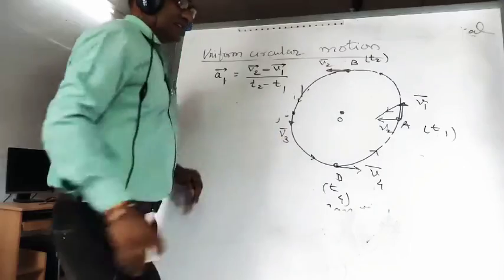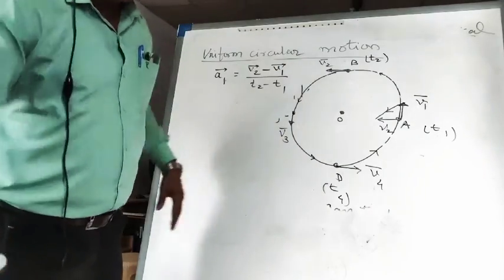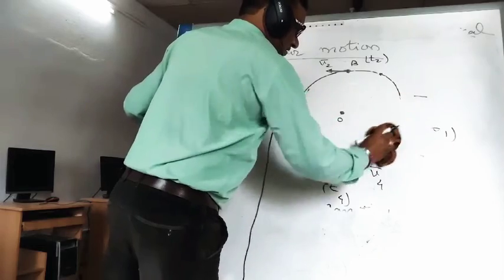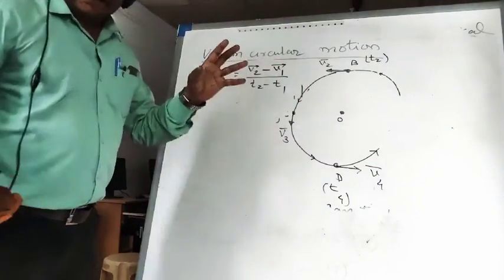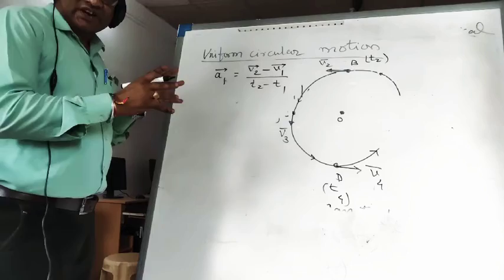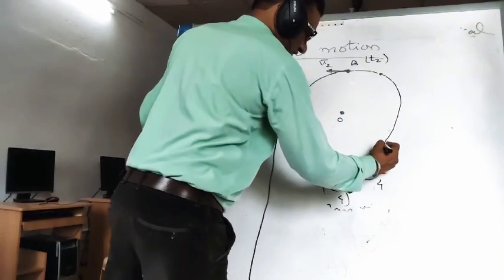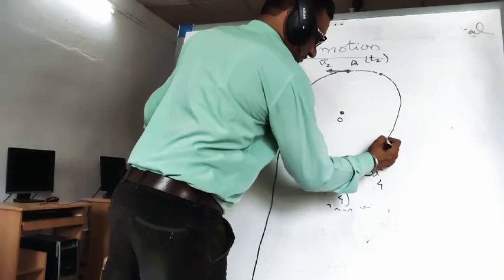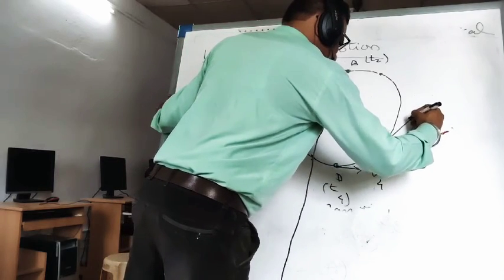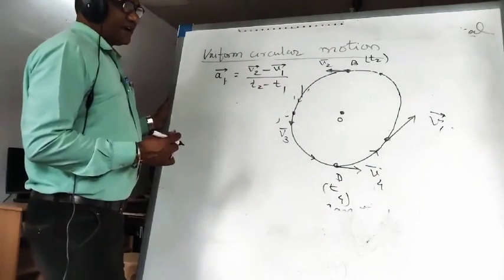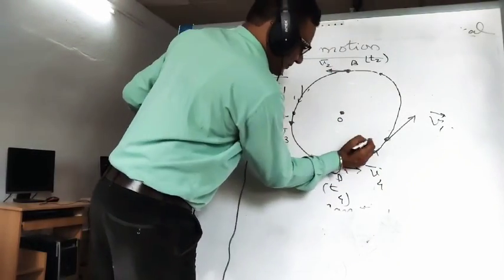Now, this indicates the change in velocity vector. In this way, we find that the acceleration acts toward the center. This acceleration acts toward the center. Let this be velocity vector v1. You can take another velocity vector, put up from here.